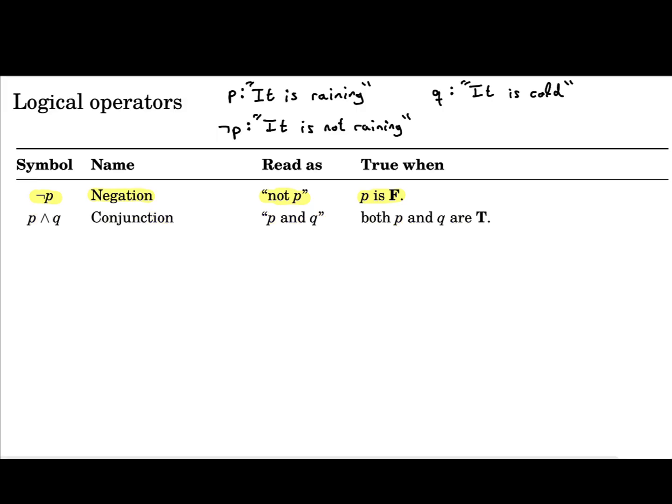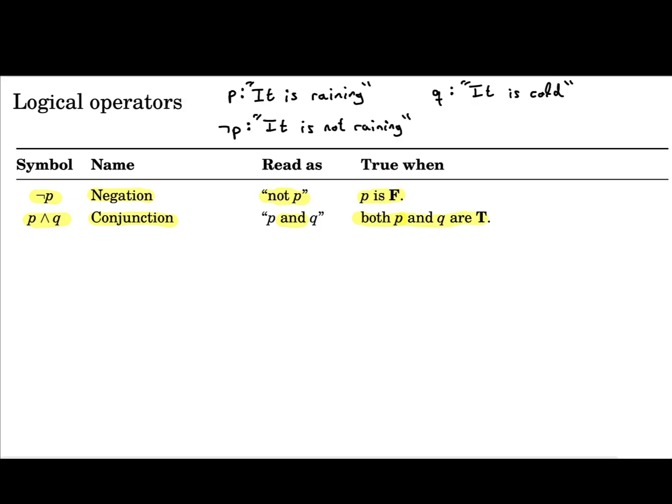Okay. Now, another one we have is called conjunction. Conjunction can also be called an AND operator. If you have both propositions P and Q, the AND, which we denote like this, is P and Q. And when will this be true? This will be true when both P and Q are true.